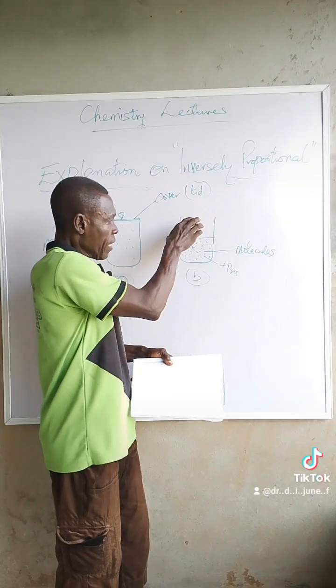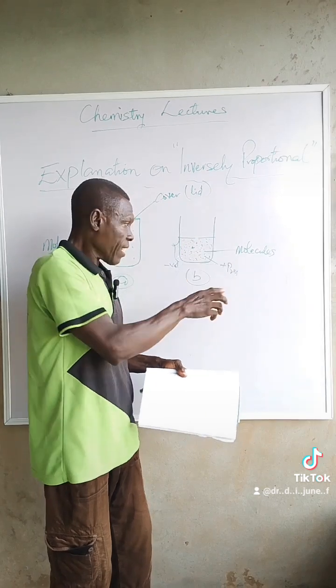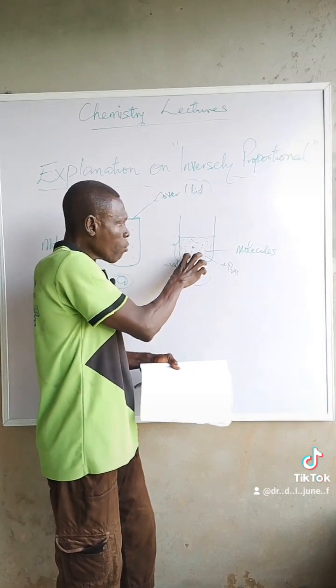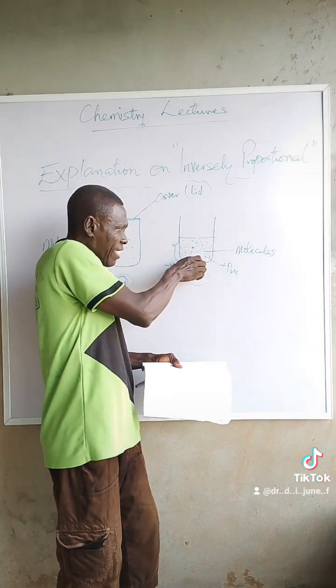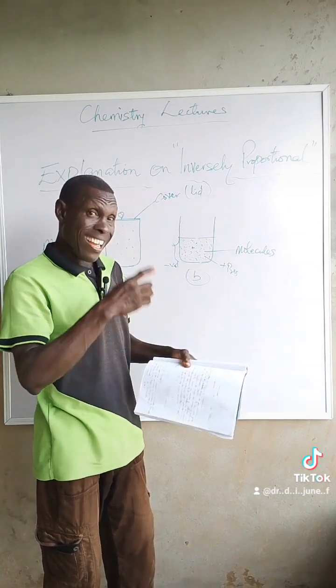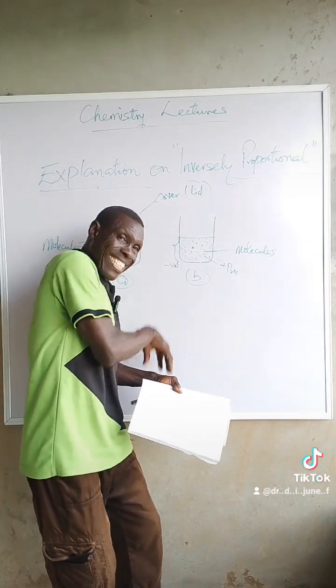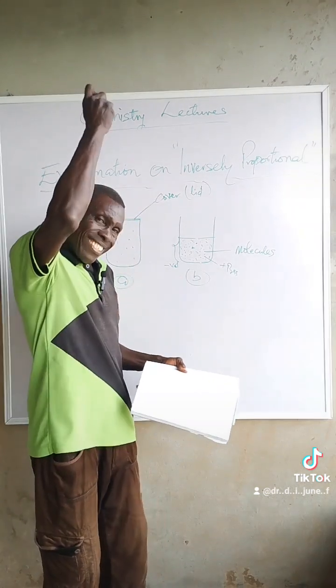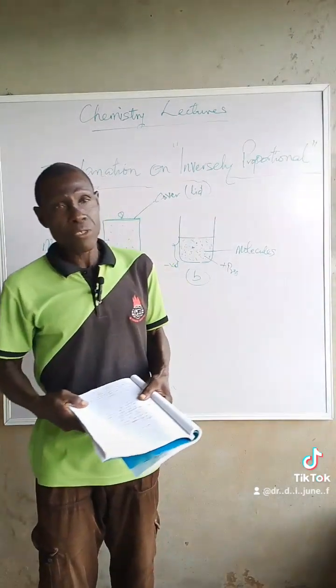Here, the volume is now decreased. So because you have decreased the volume, you have forced all the molecules that were here before into this place. And because they are all here, the frequency of collision will now increase, increasing the pressure. So when the volume is decreasing, the pressure is increasing. That is what is referred to as inversely proportional.